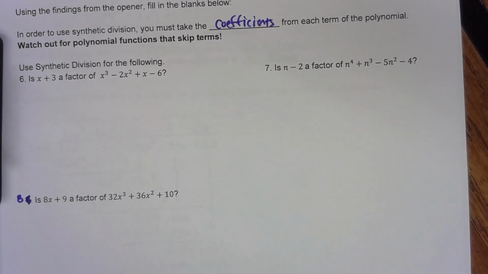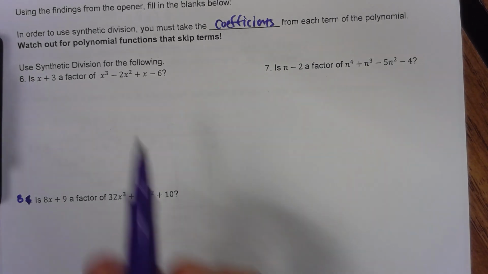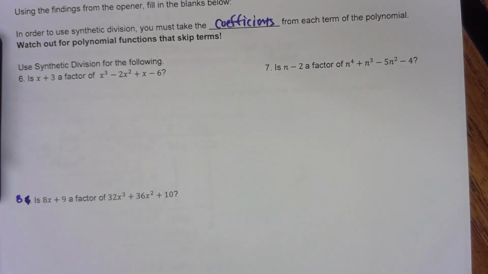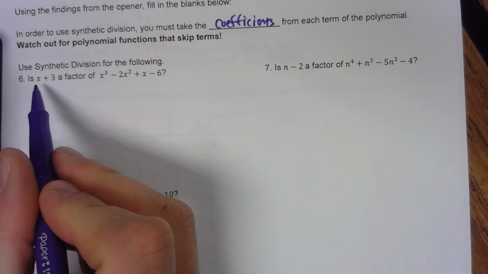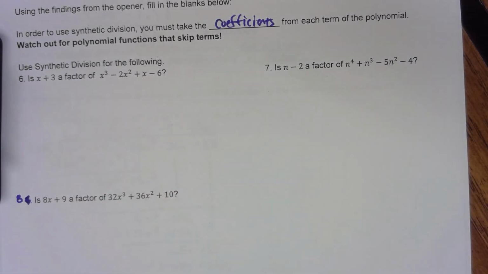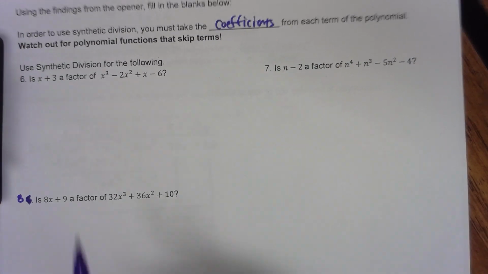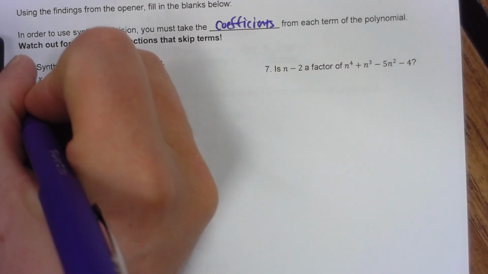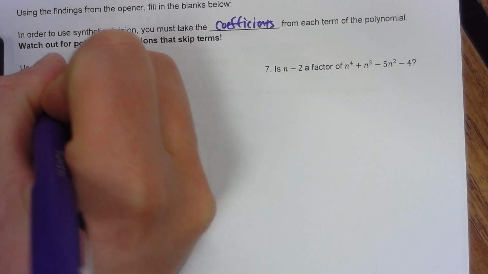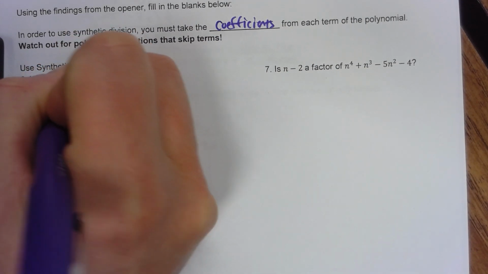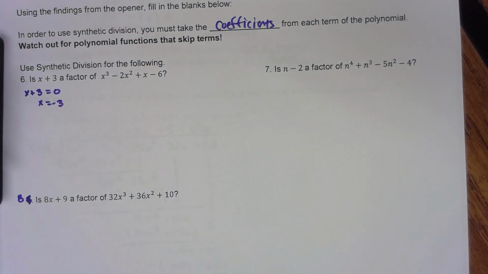So we need to do this division. Again, let's pretend that it doesn't specify to use synthetic division. What allows us to use synthetic division is that we're dividing by a linear expression. Again, if that was like x squared plus 3, this doesn't work, right? So the first thing we do is we take what we're dividing by, we set it equal to 0, and we figure out what is the potential solution.